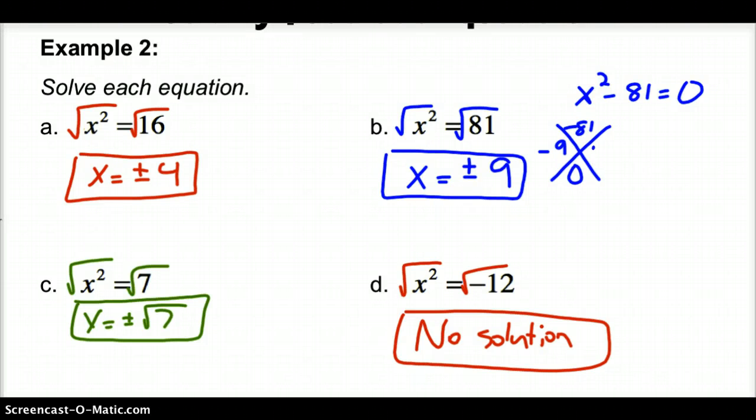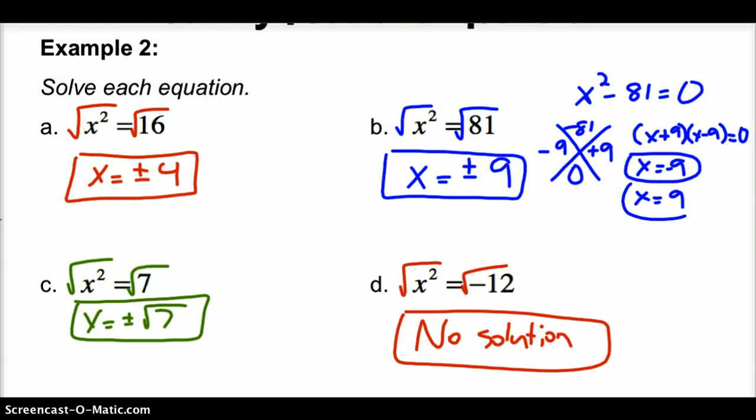That's just negative 9 and positive 9, right? So we get x plus 9 times x minus 9 equals 0. Then we'd solve to get x equals negative 9 and x equals 9. Notice that those are the exact same as these solutions right here. So that's just something to take note of.